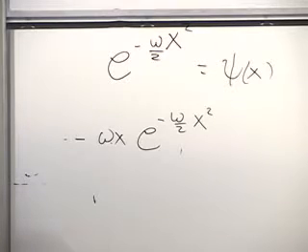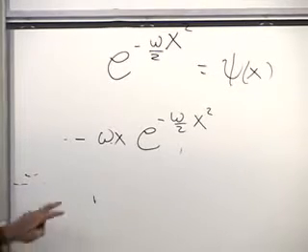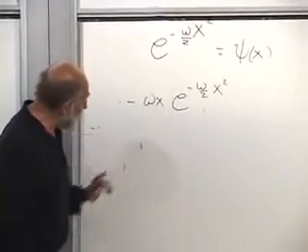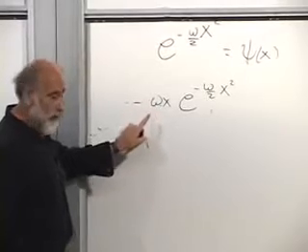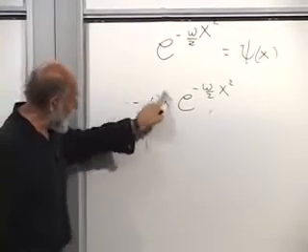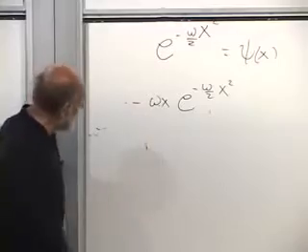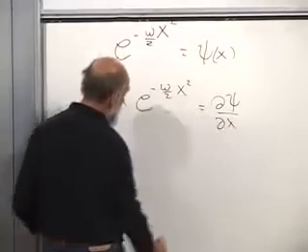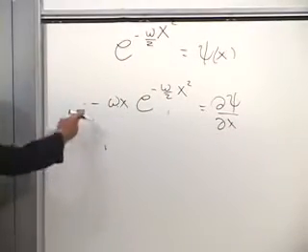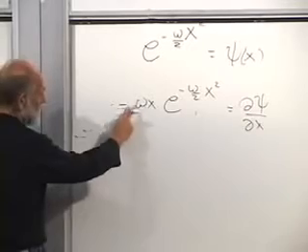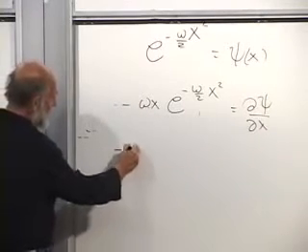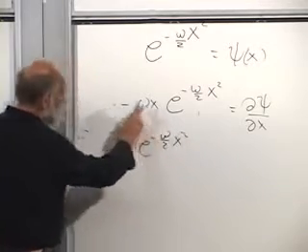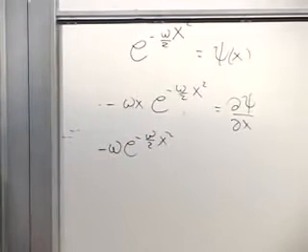If we differentiate it again, we get two contributions. We're differentiating a product. The first term comes when we differentiate the first factor in the product. This is dψ by dx. I get two terms. One of them just comes from differentiating that. That's minus omega e to the minus omega over 2 x squared. The derivative of omega x is just omega.